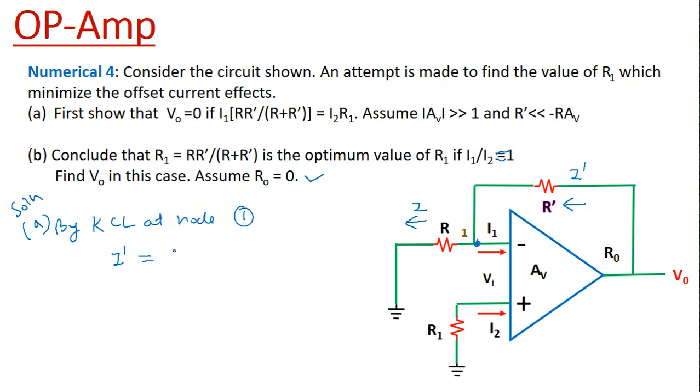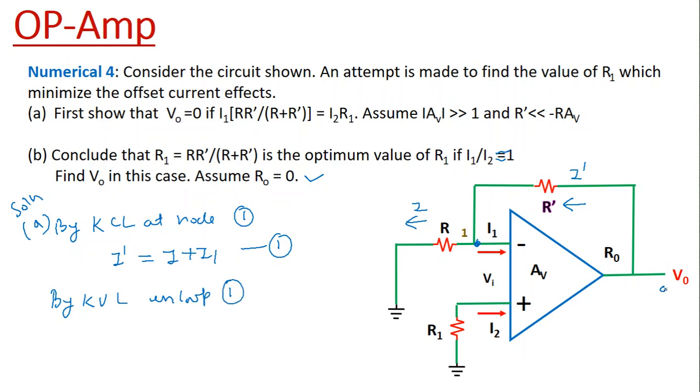is equal to I plus I1. This is equation number 1. Now we have to find I dash and I from the circuit and put them in equation number 1. For this we apply KVL, Kirchhoff's voltage law, in loop number 1.